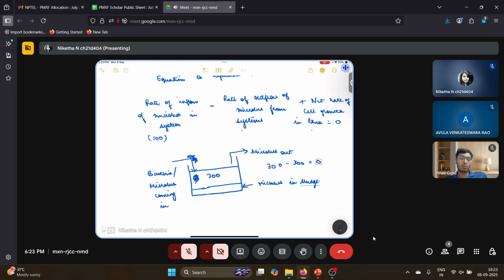Imagine the extra organisms that grew in the tank is 200, and the rate at which the microbes are going out is 300. So totally it will be 0, right? That's what the equation says. These are just approximate numbers, as it's actually a rate.